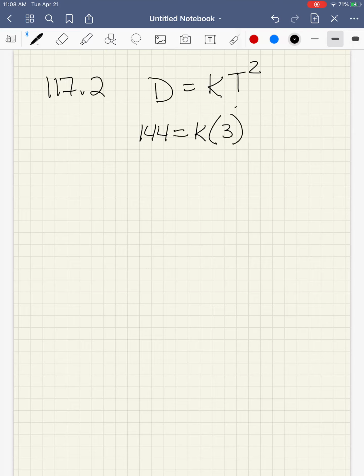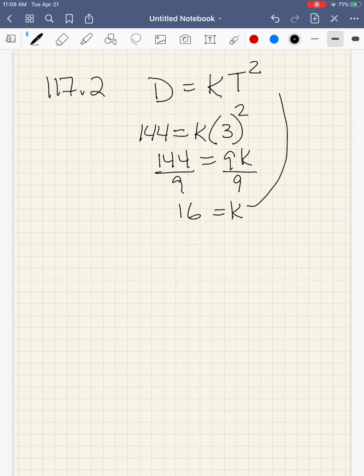So 3 squared because the time had to be squared. So 144 equals 9K. Divide both sides by 9. 16, correct? Okay, so we take that and we put it back in here for K. So we get D equals 16T squared.